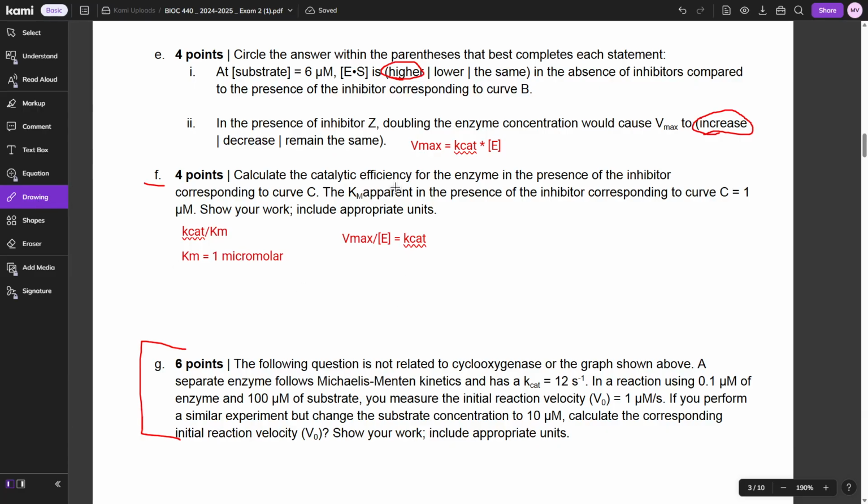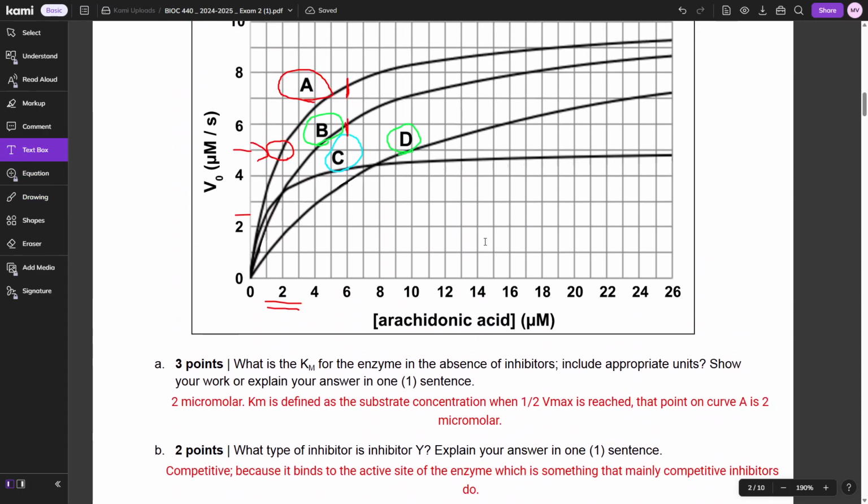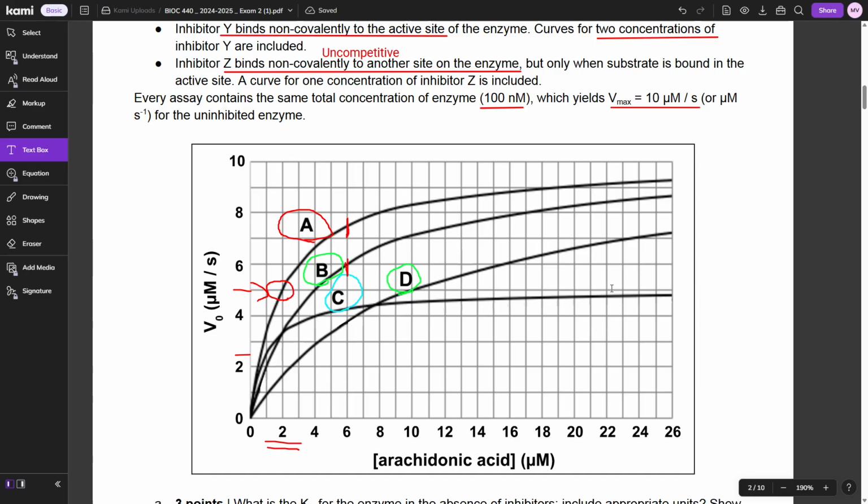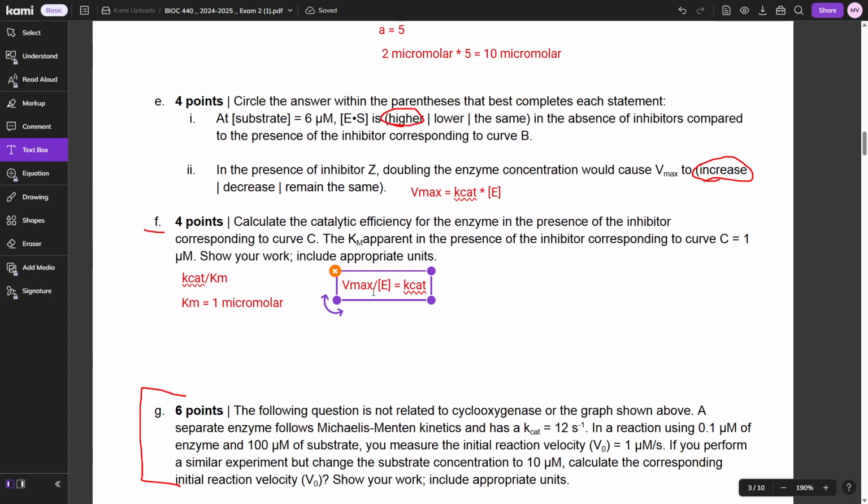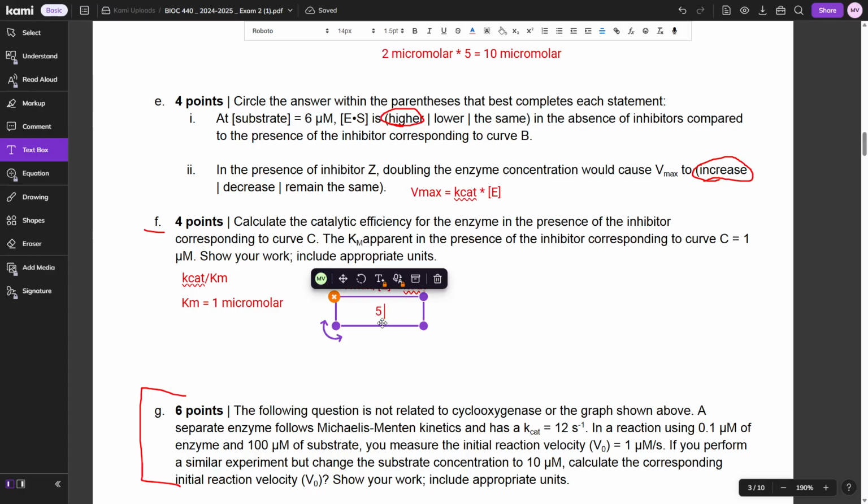So now we just have to figure out what our numbers are. Vmax is just going to be the 5 micromolar per second, so I'm not going to change much there. This time I will put units because I want to reiterate something very important.